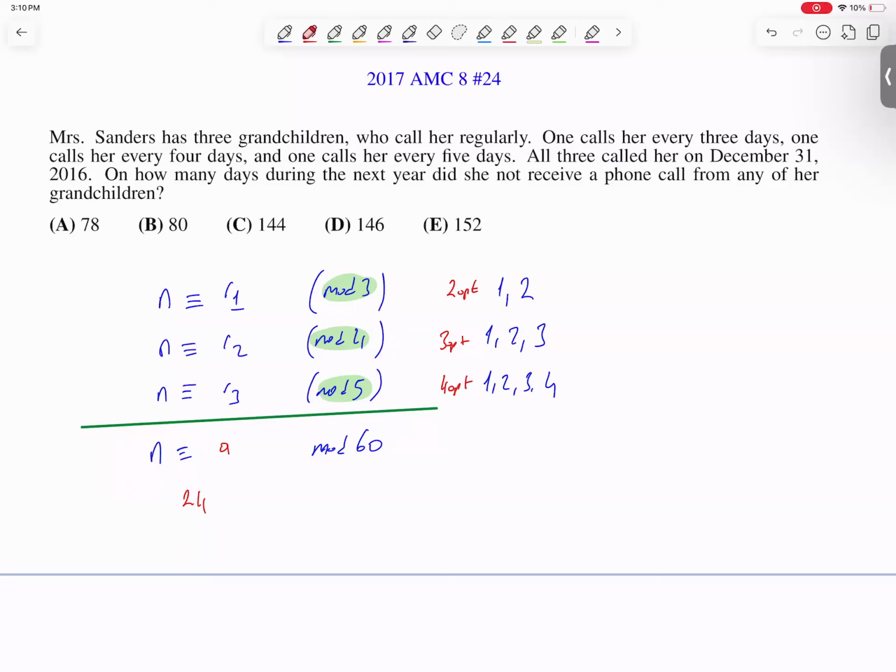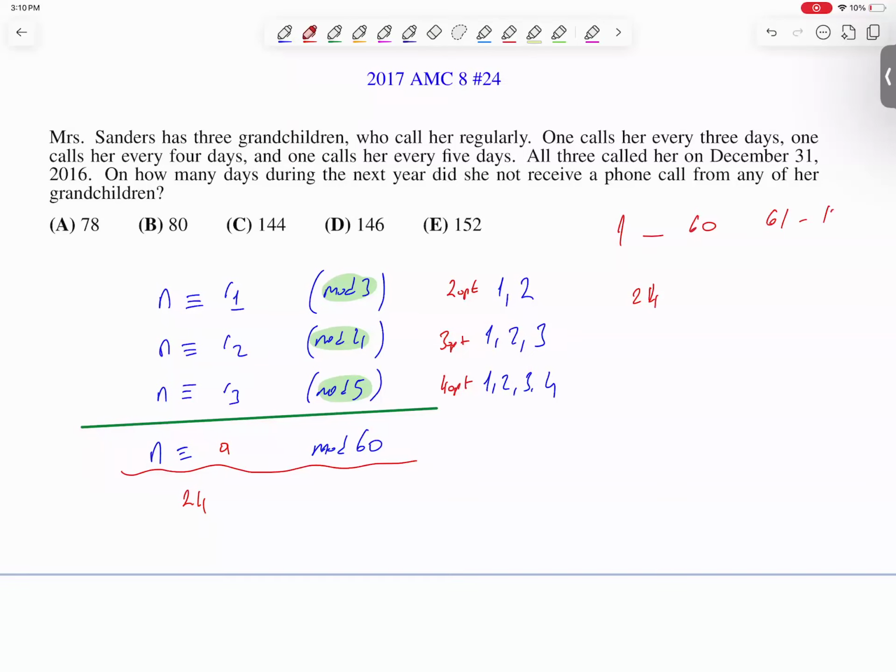And for each system of equations, I have a unique solution mod 60, less than 60. It's not equal to 60. So from 1 to 60, I have 24 solutions.